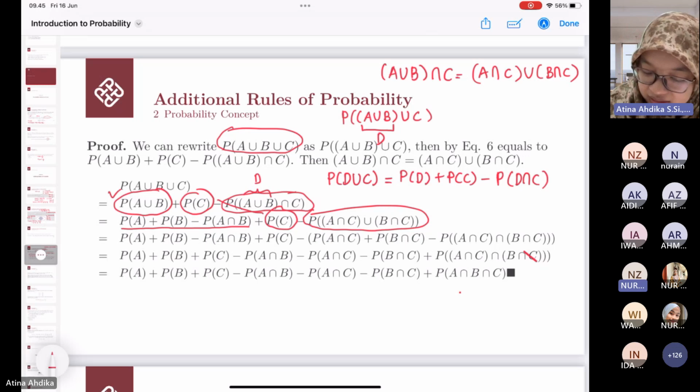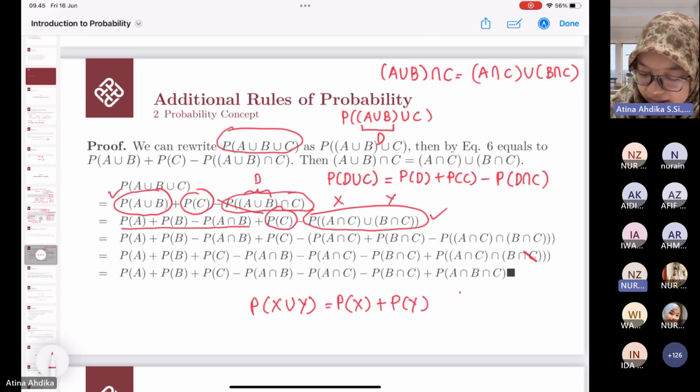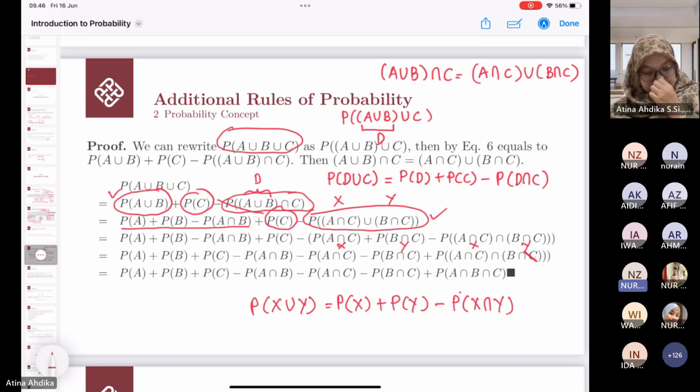We can say again that the intersection between A and C will be X and the intersection between B and C we call Y. So here we have the probability of the union between X and Y. So this is equal to the probability of X plus the probability of Y minus the probability of the intersection between X and Y. So if we extend these equations, we have the probability of X plus the probability of Y minus the probability of the intersection between X and Y. And then again, we will extend the equation.